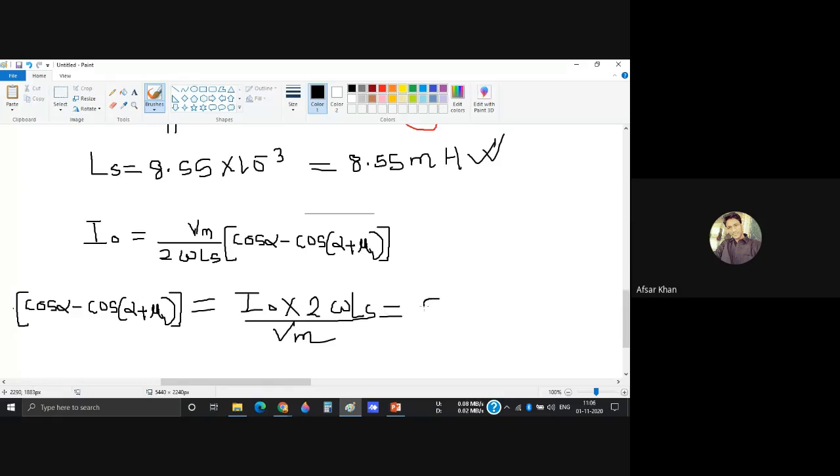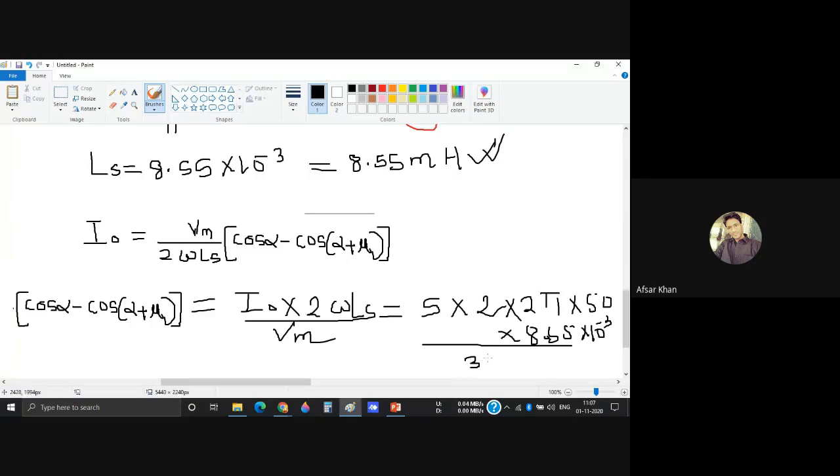I naught is 5 into 2 into 2 pi into 50 into Ls, which you have calculated as 8.55 into 10 to the power minus 3, divided by Vm 330.